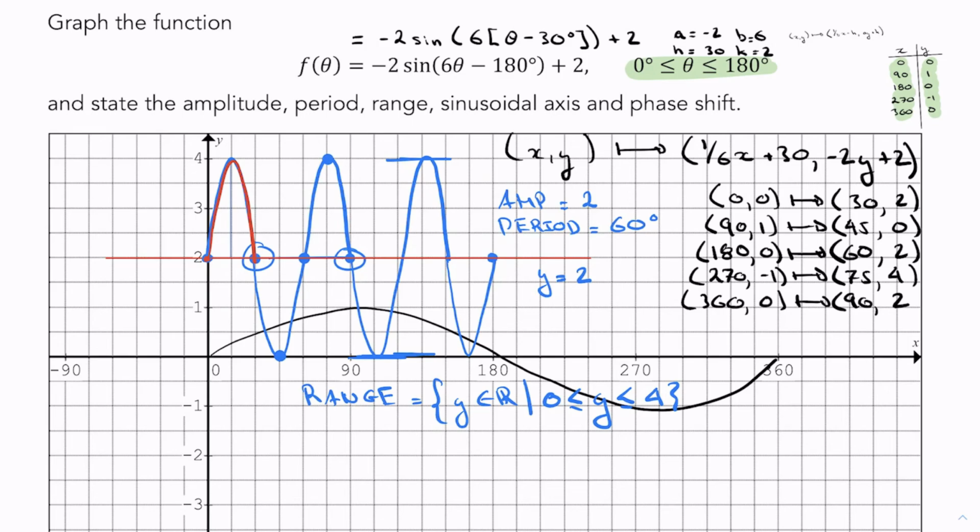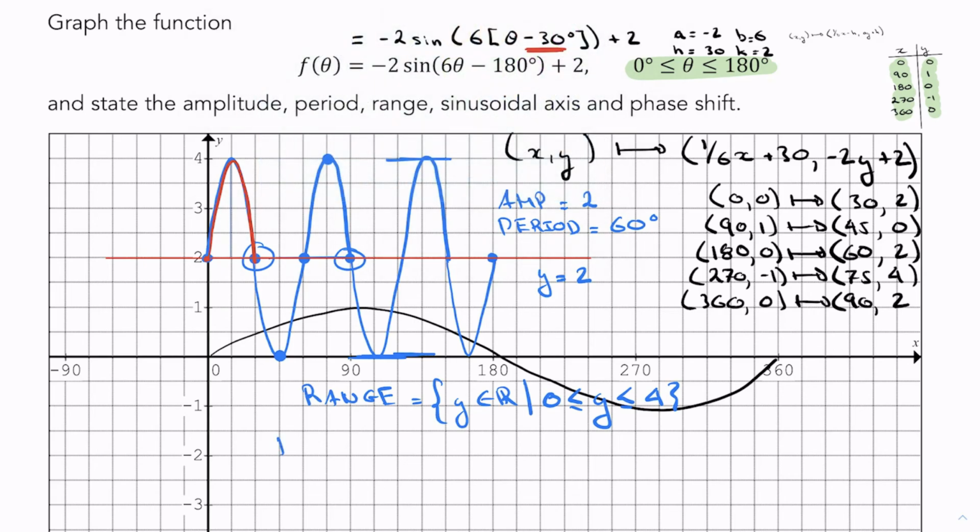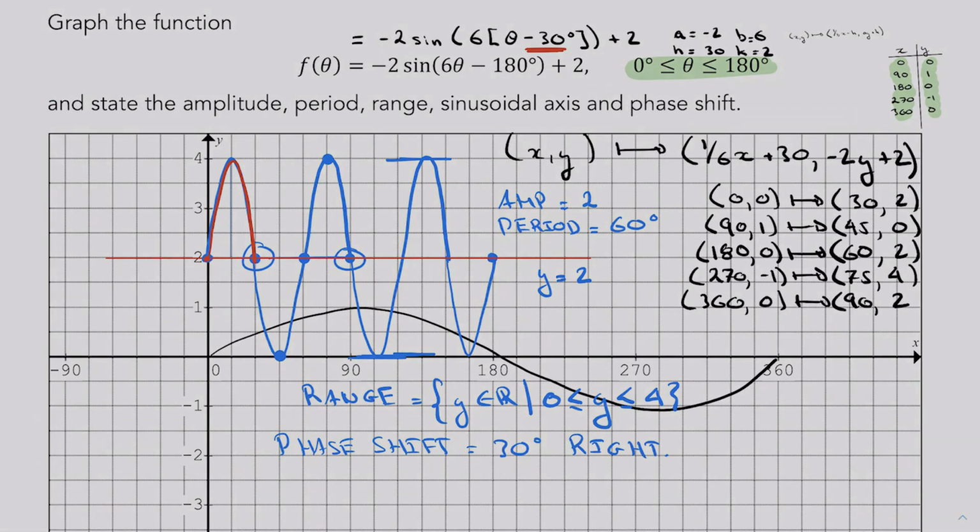It's probably easier to just read it off the equation here, which is a phase shift of 30 degrees to the right. So phase shift is 30 degrees right. And there's our graph of sine transformed.